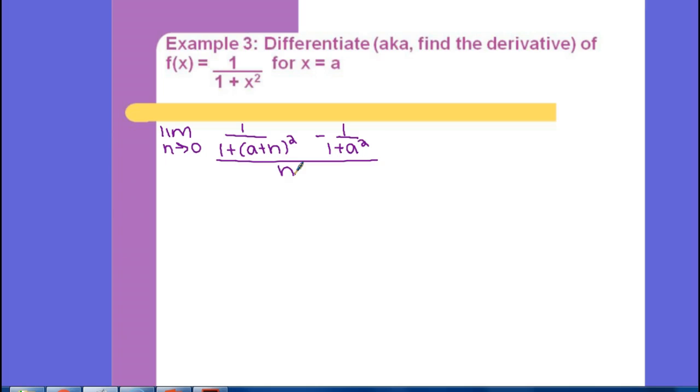I would find my common denominator before I FOIL out that a plus h squared.